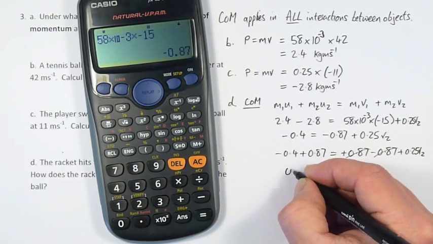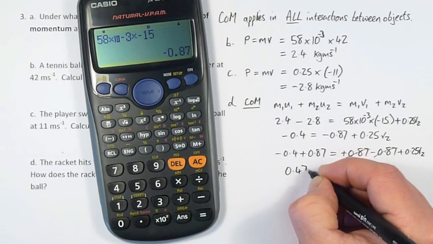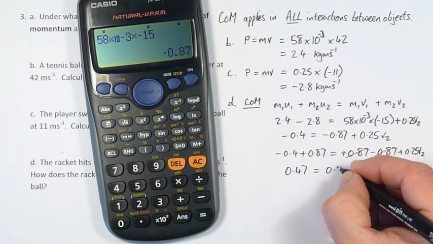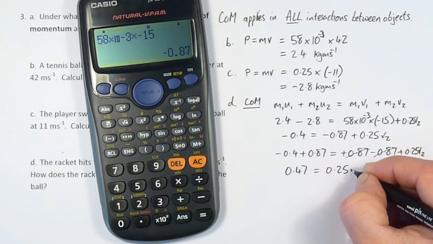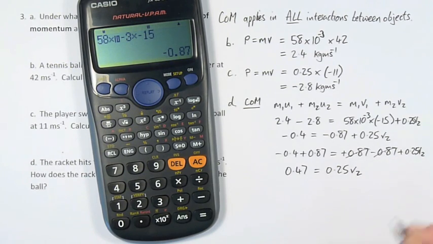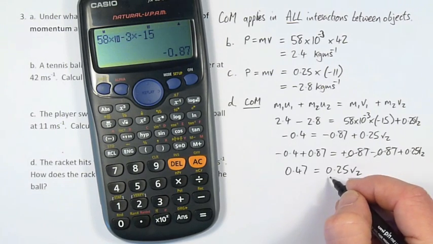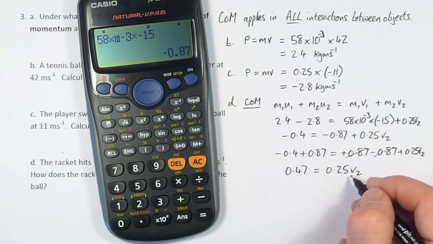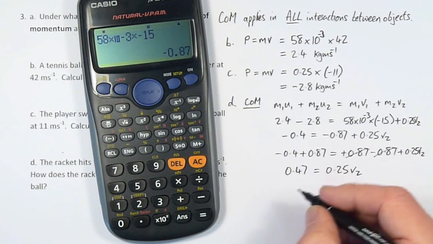So that is 0.47 equals 0.25 v2. To get v2, I need to divide by 0.25 on both sides of the equation.